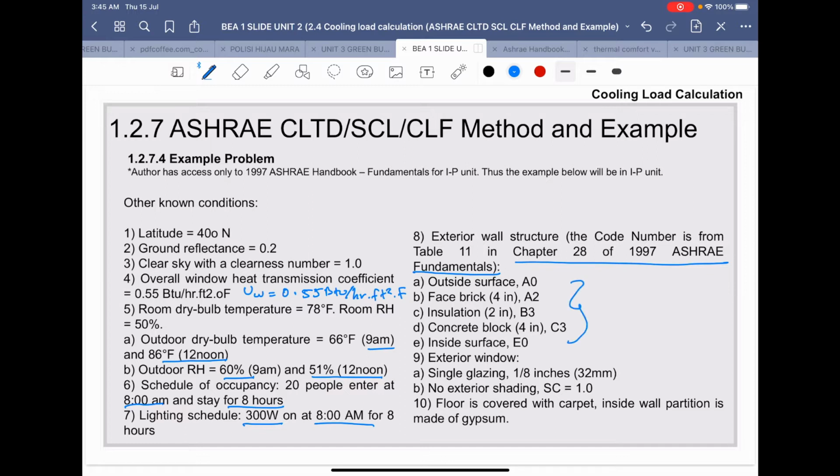So this is a five layer wall that faces east. And then we have the exterior window.